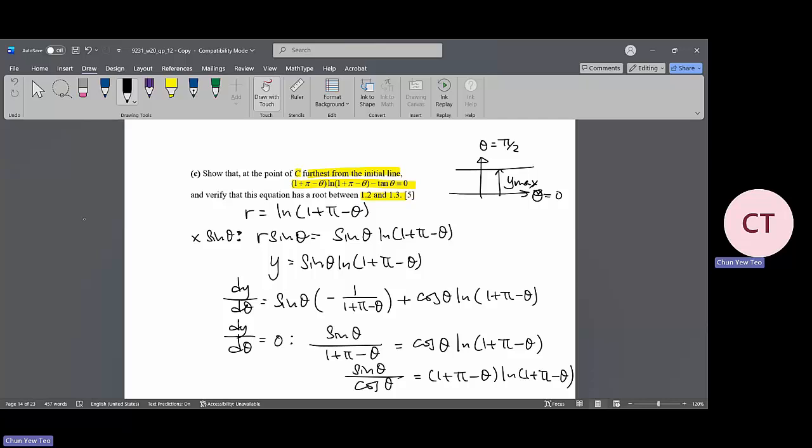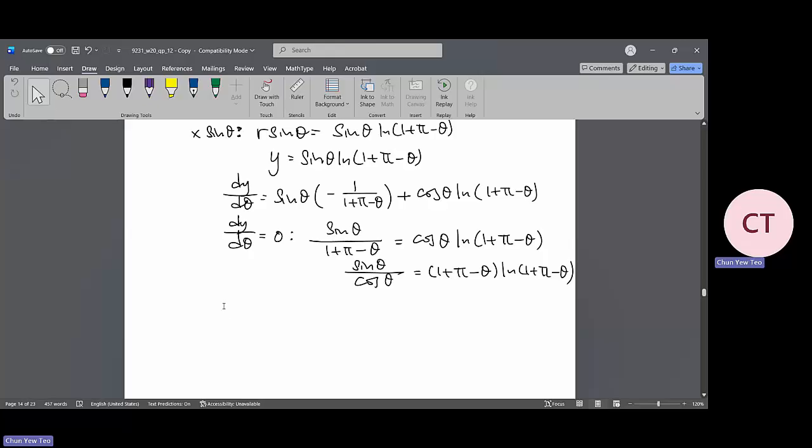And if you simplify it, then you will get tangent theta minus 1 plus pi minus theta ln 1 plus pi minus theta equal to 0.